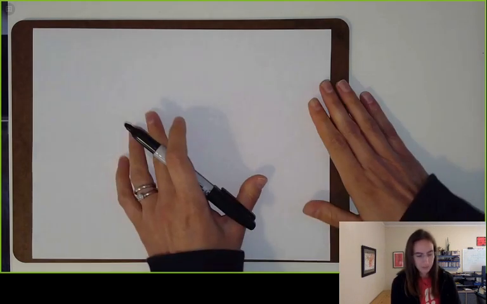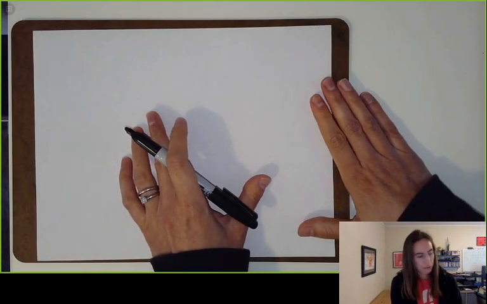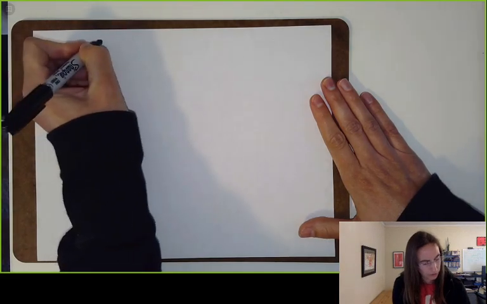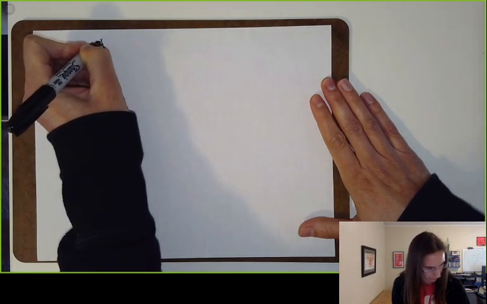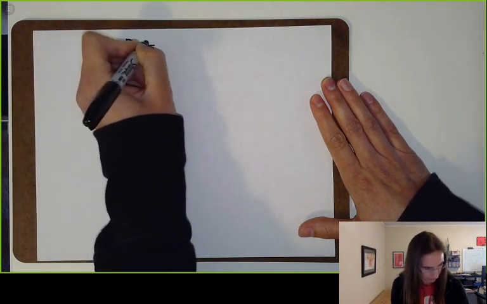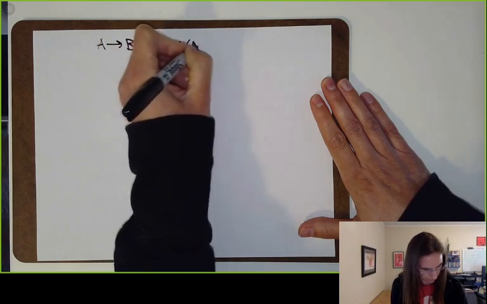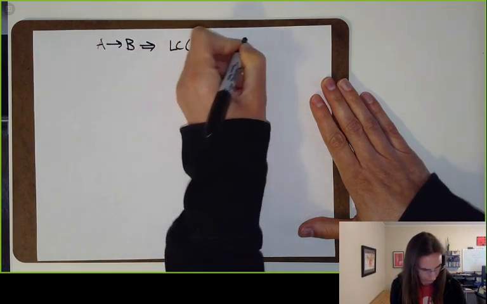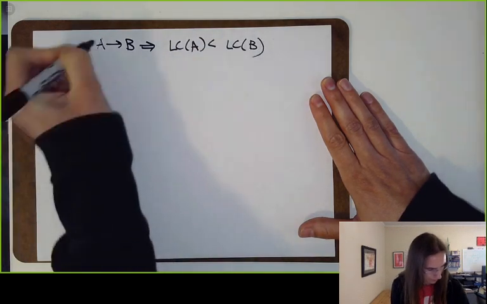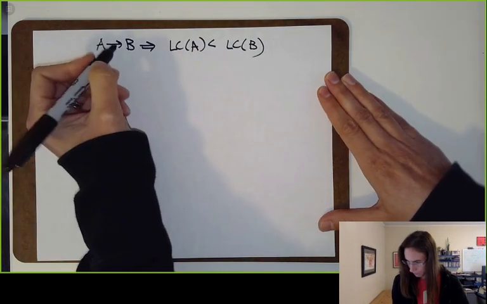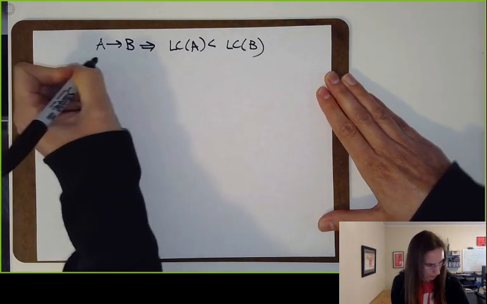All right, so we just got done talking about Lamport clocks, and we said that the relationship between Lamport clocks and the happens before relation is this. In other words, Lamport clocks are consistent with causality.